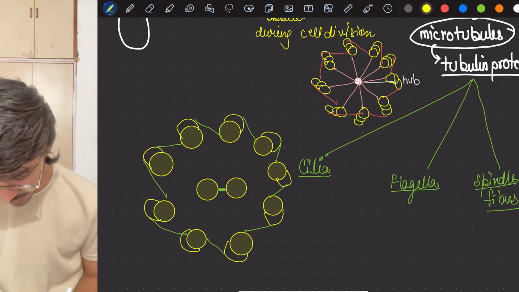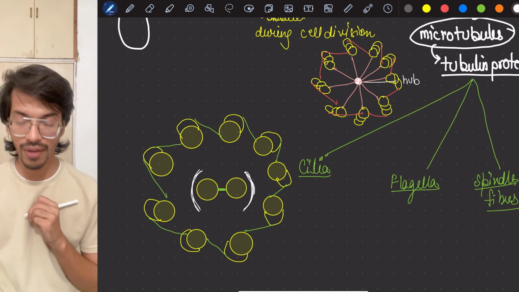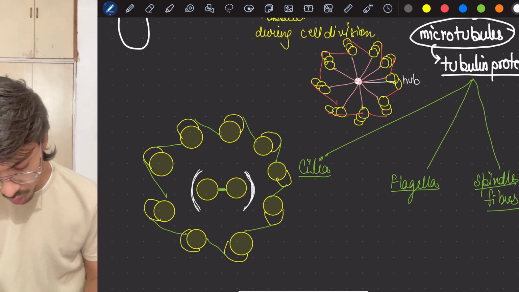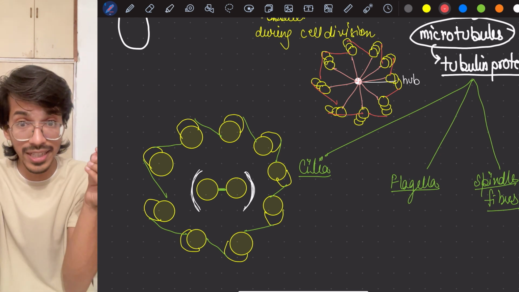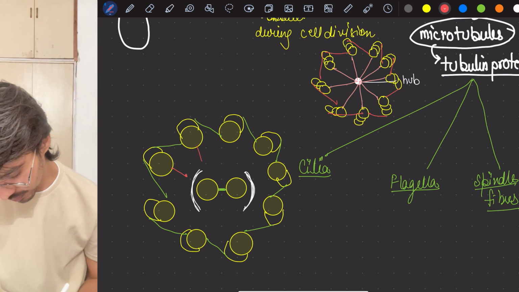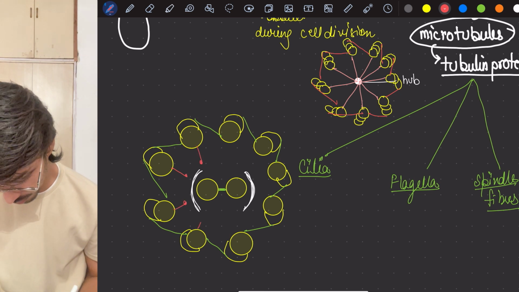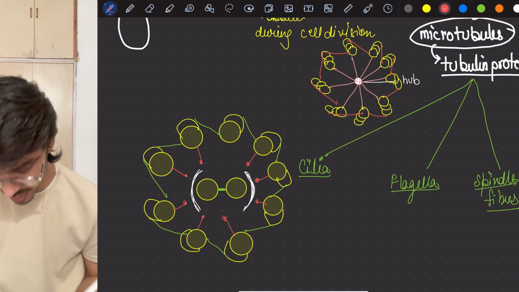Sheath means covering. So a central sheath is present, the white color one. And all the outside area will join the center like the earlier one, by radial spokes. Here also these radial spokes are present. So the arrangement is like this.